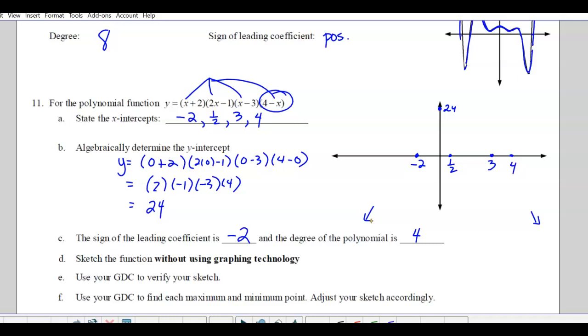So I'm just going to zigzag through them. So maybe not use that particular arrow. That'll go up, down, up, down. That's approximately what it's going to look like.